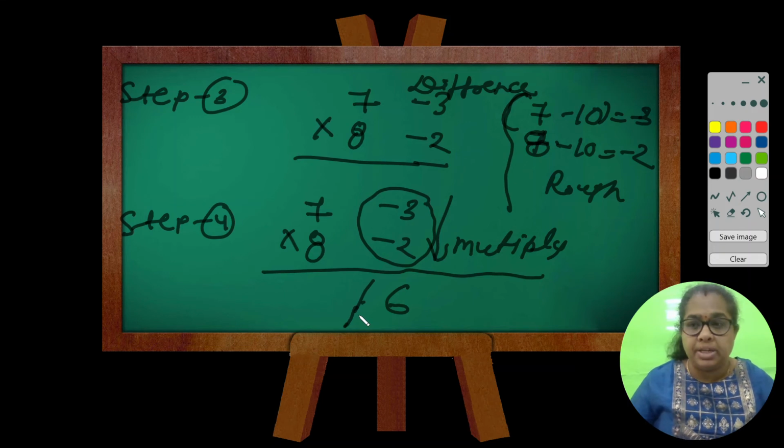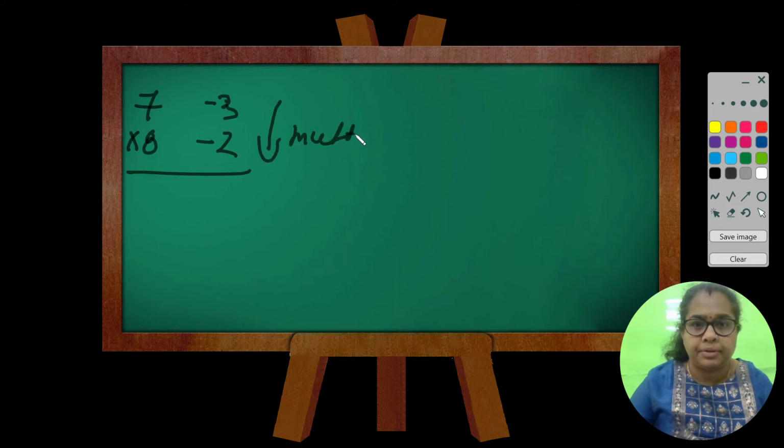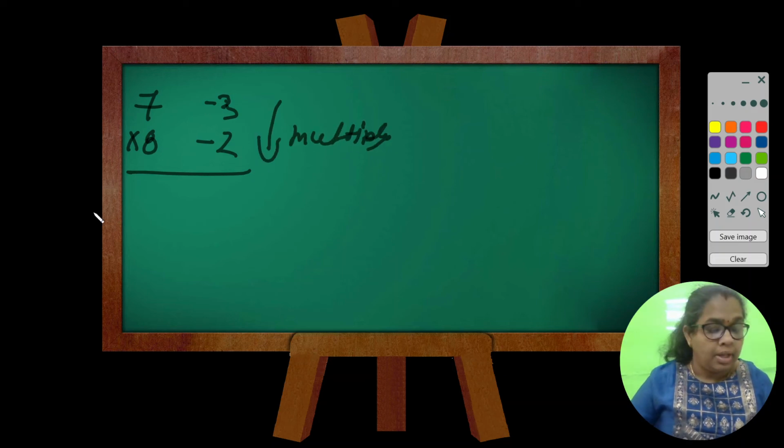We have completed till step number 4 and now we have to see the next step. In the next step, as at first, we write 7 into 8 and on this side we have minus 3 and minus 2, and this we multiply, and we got 6.